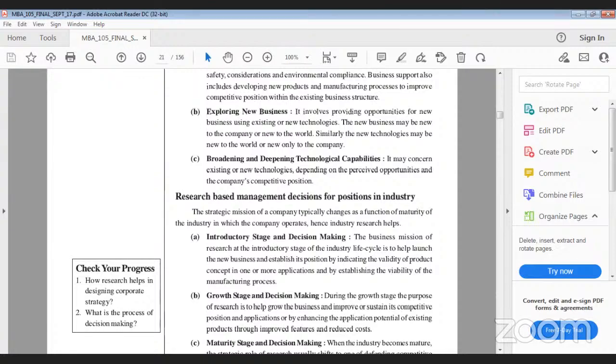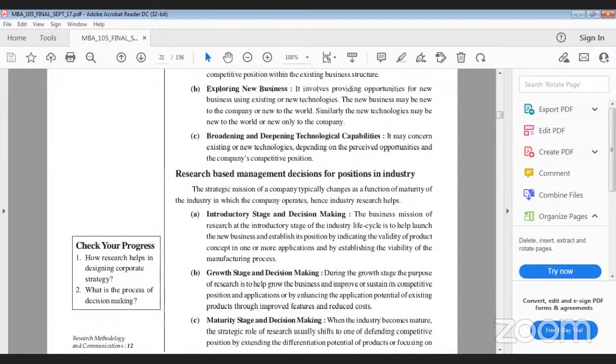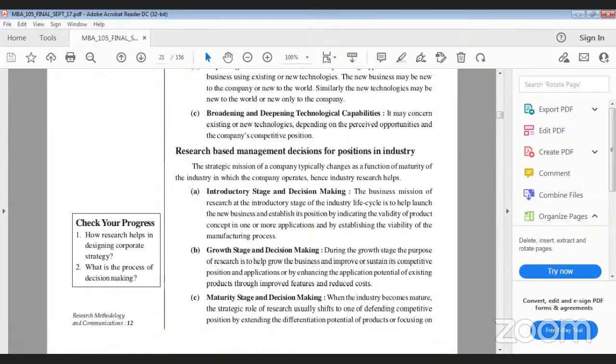Growth stage and decision making: during the growth stage, the purpose of research is to help grow the business and improve or sustain its competitive position and applications, by enhancing the protection of existing products, improving features and reducing costs.